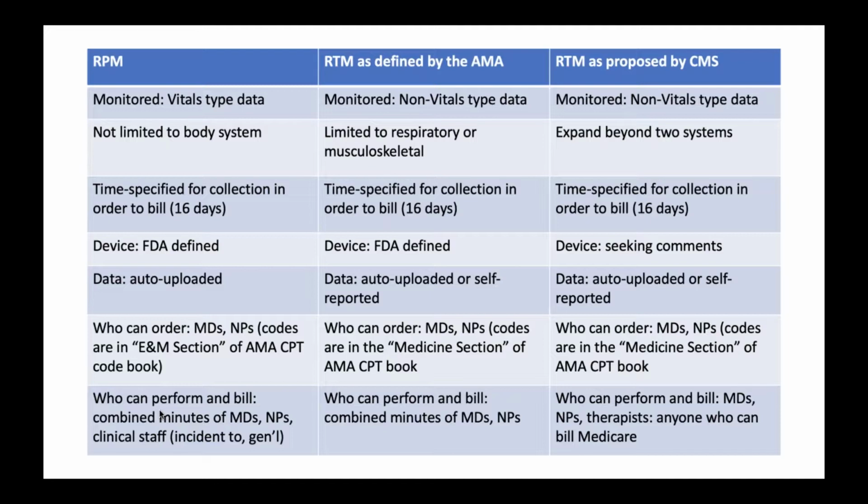CMS agreed. RPM is not limited to a body system, it's just your vitals. You can use your earlobe to get your blood pressure or at least your blood oxygen level. RTM is limited. CMS would like to expand beyond 2 systems. I guess we're going to see how this goes.